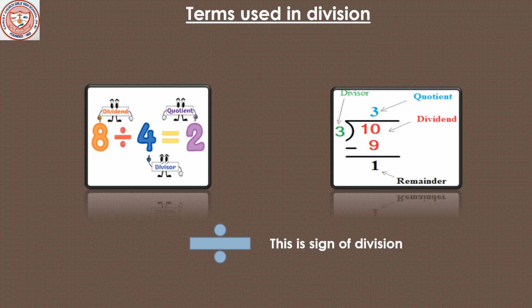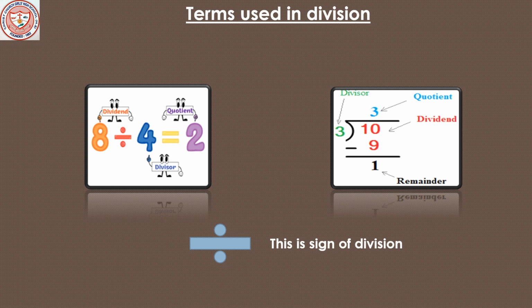The number that divides the dividend is called divisor. Then quotient. The answer that we get on dividing the numbers is called quotient. And the number which remains after dividing is called remainder. Okay. Please remember that the remainder is always smaller than the divisor.